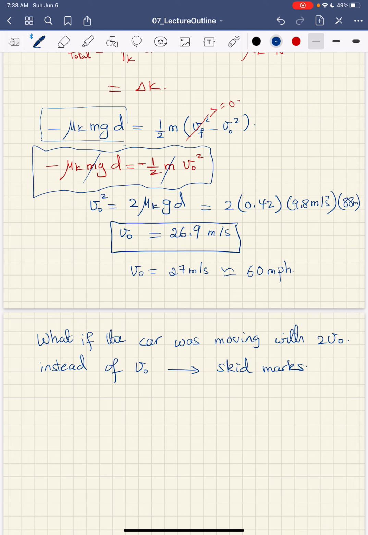And here I want you to find for me the ratio between the skid marks distance for 2v0 divided by the skid marks distance for v0, and give an advice for drivers.